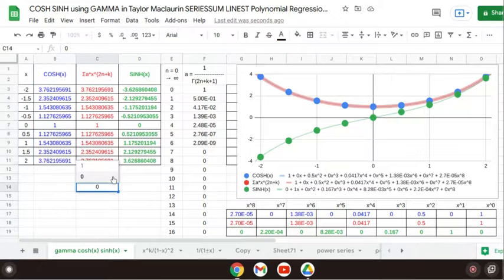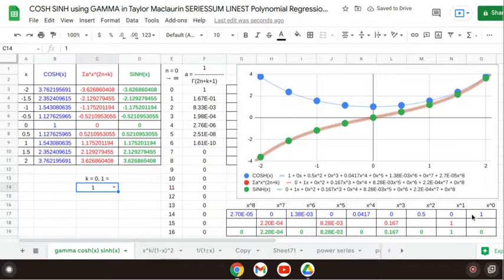So we continue with 1. Coefficient of x to the 0: 1, 0, 0. Coefficient of x: 0, 1, 1. Coefficient of x squared: 0.5, 0, 0. Coefficient of x cubed: 0, 0.167, 0.167.